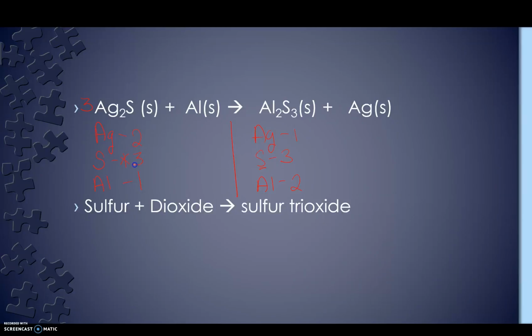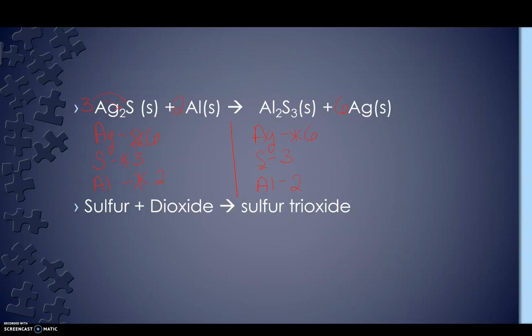Now we have 3 sulfur, but again we have to use the distributive property. 3 times 2 is now 6, so we have 6 silver. We come back over to the product side and give it a coefficient of 6. Now those are balanced. The last thing is we've got 2 aluminums, so we give it a coefficient of 2. Everything's balanced. This is your final equation.